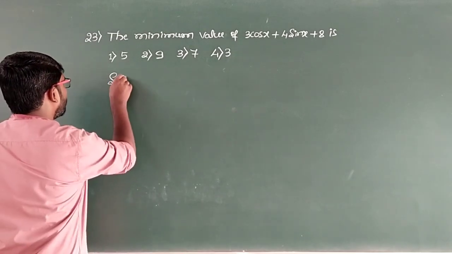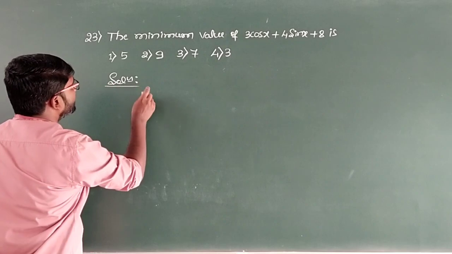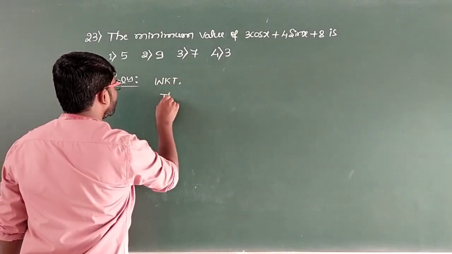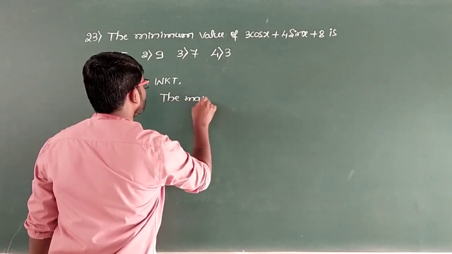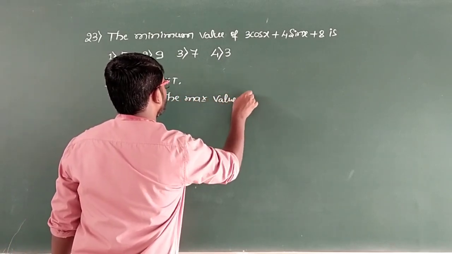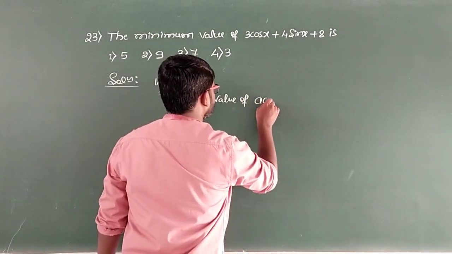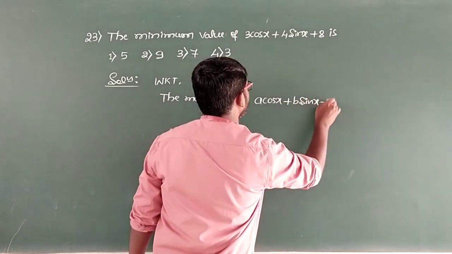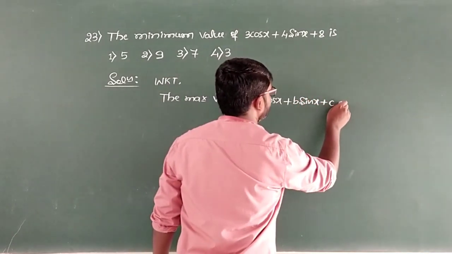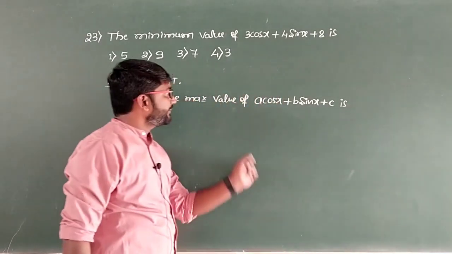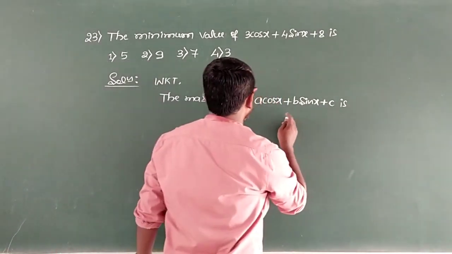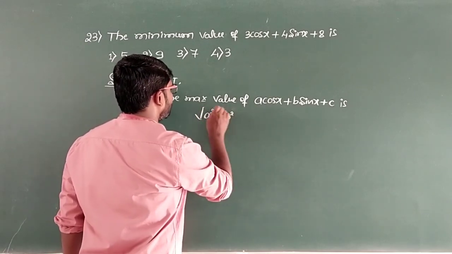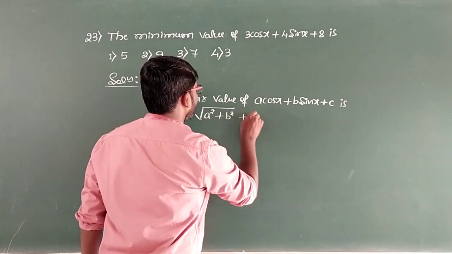So here we know that the maximum value of a cos x plus b sin x plus c is going to be square root of a square plus b square plus c.